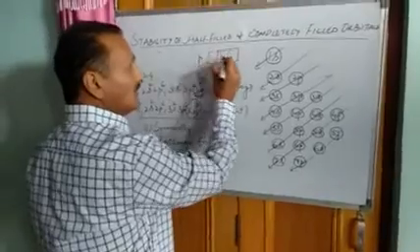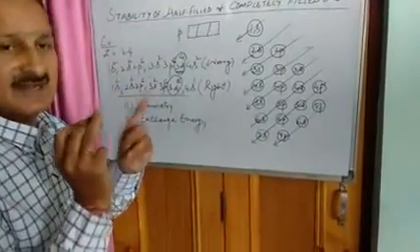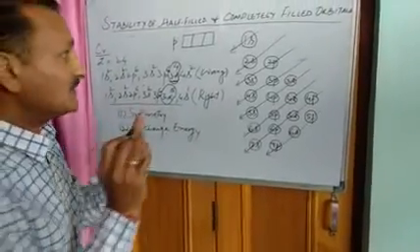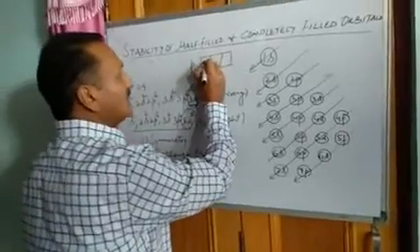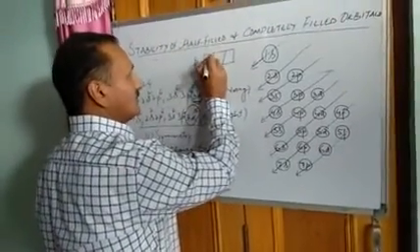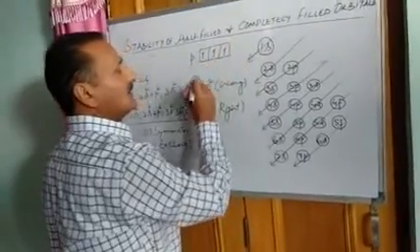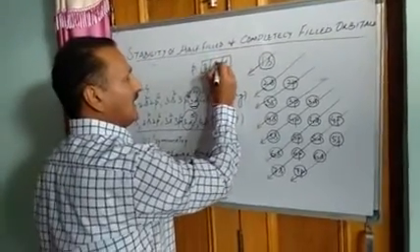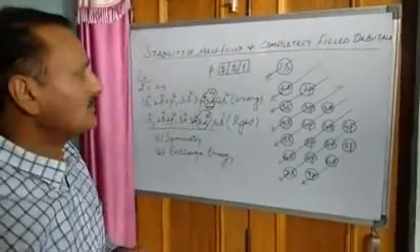So the orbitals in the same subshell have almost equal energy. For example, it has 5 electrons. 1, 2, 3, 4 and 5. These are electrons. That means this is the energy of these orbitals.